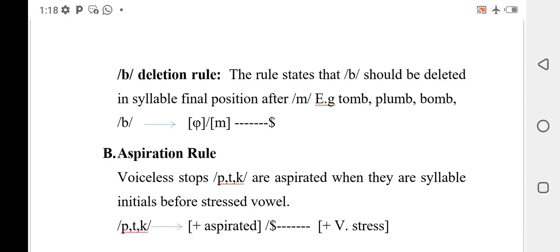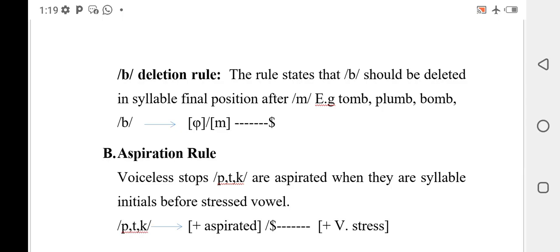So for people that call it, I went to the tomb, it is not pronounced with the B, because B has been deleted. Plum, plumber. So it's not go and call me the plumber with the B. Bomb. He bombed the house. It's not pronounced with the B.